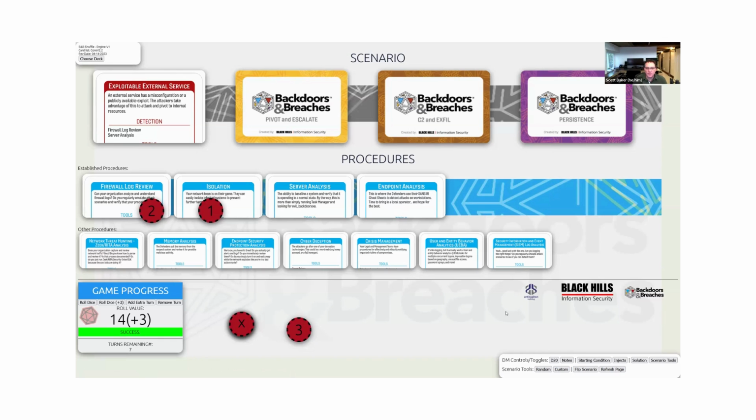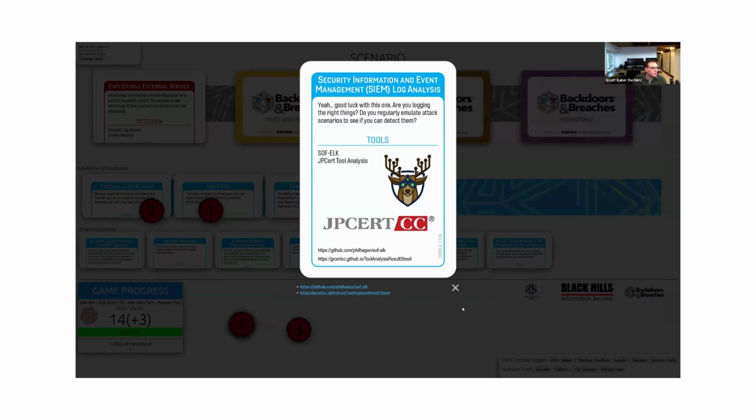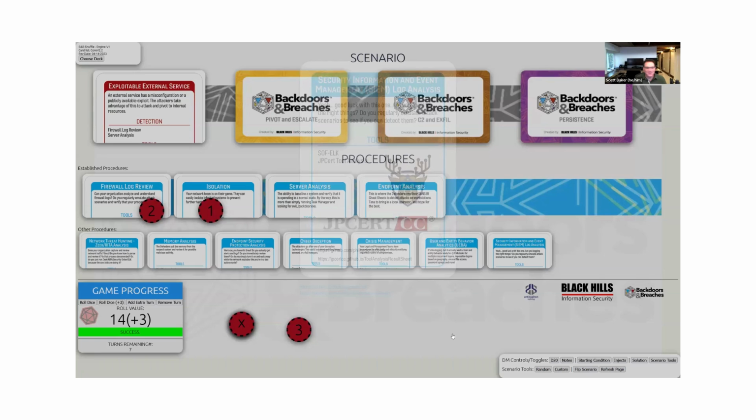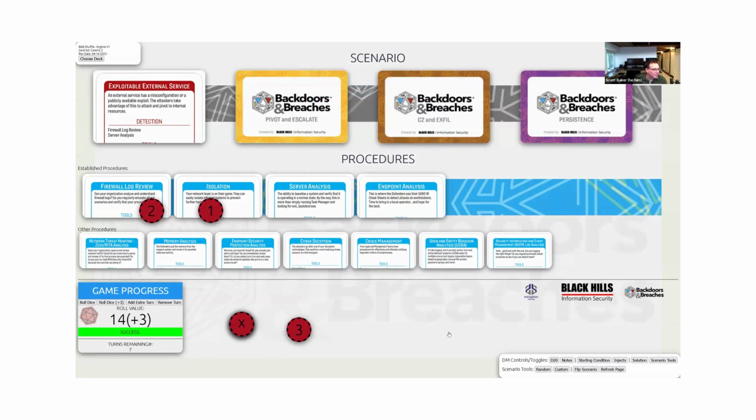One vote for the SIEM analysis. Couple of votes on that one. Anybody think anything else is more important to try first? Should we go for that one?